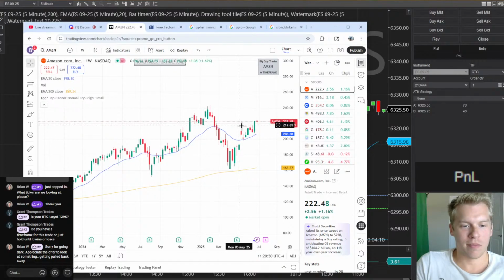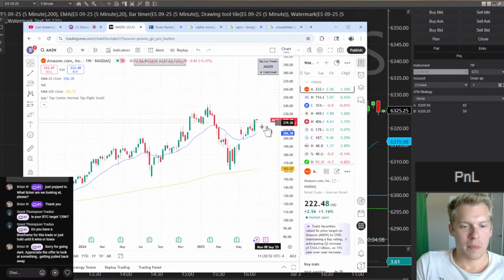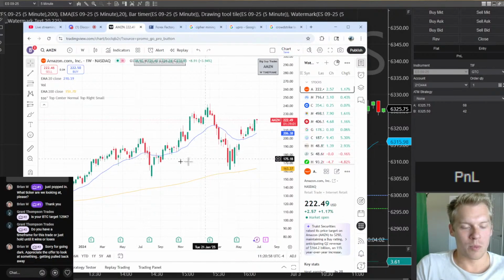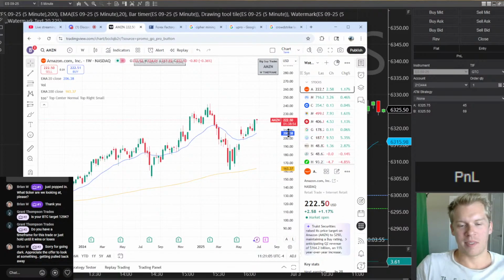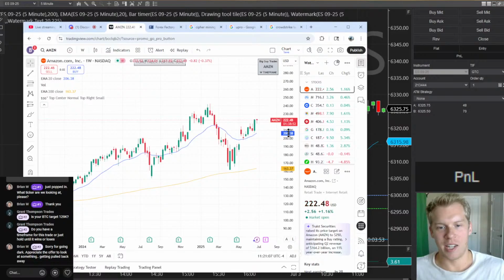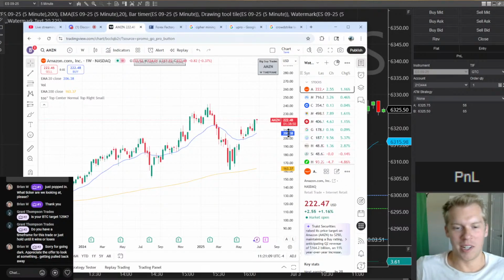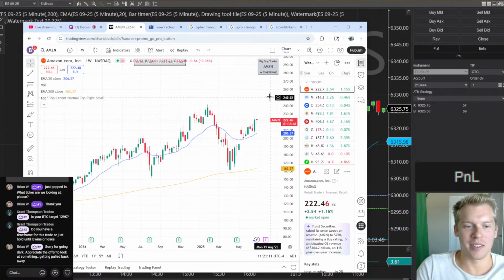I definitely like that double bottom right there. I used to be a manager at Amazon, and the whole time I was there we were sitting around in this range, and I'm like, they do so much and they win at everything they do. I don't know why the price isn't higher.